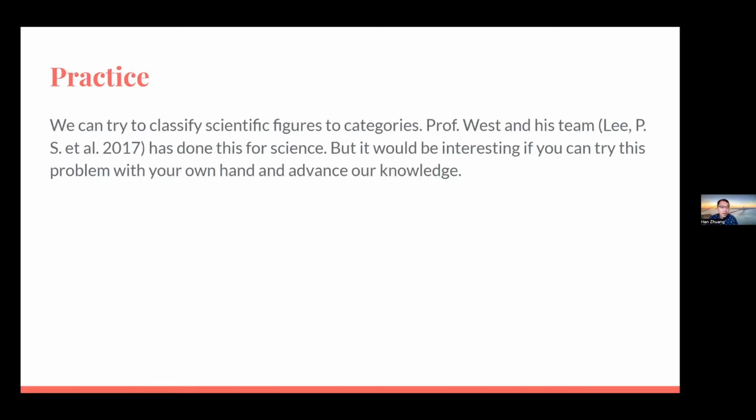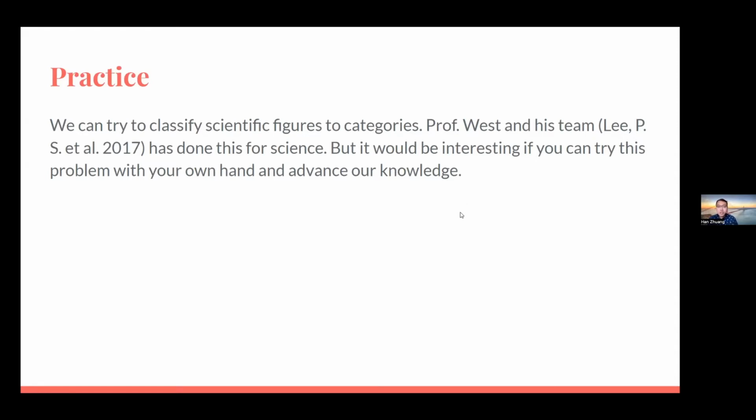Now is the time we can do some practice. In this practice, we try to classify scientific figures into categories. For example, we can classify a group of figures into bar chart, line chart, box plot. Professor West from the University of Washington has done this task before, and they did analysis on the distribution of plots in scientific publications.